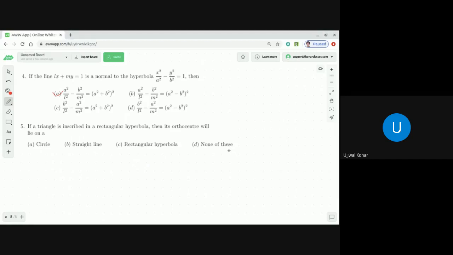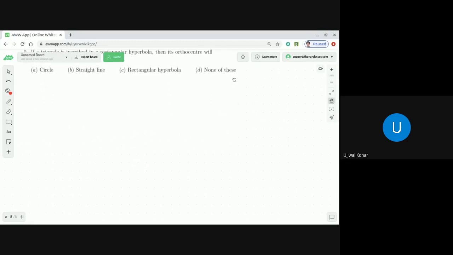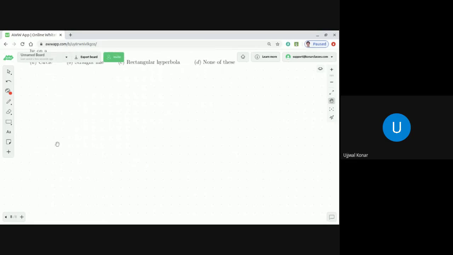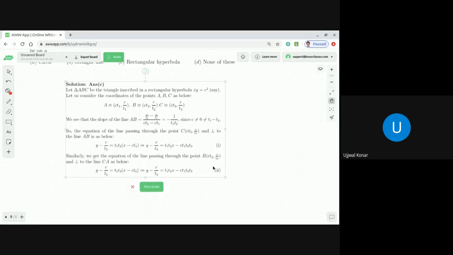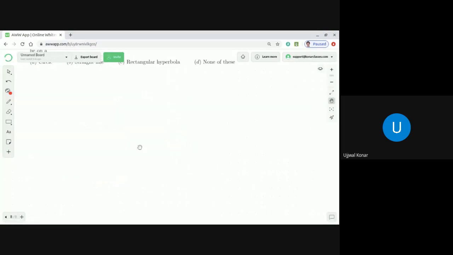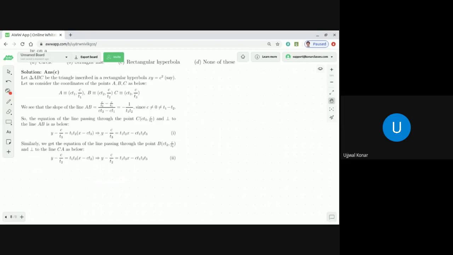So if a triangle is inscribed in a rectangular hyperbola, then its orthocenter will lie on what? So Shreyas, please have a look into it. This is quite self-explanatory. We consider a triangle ABC. Please go through it.